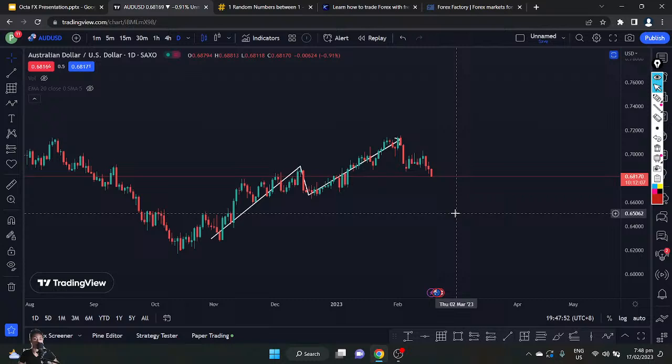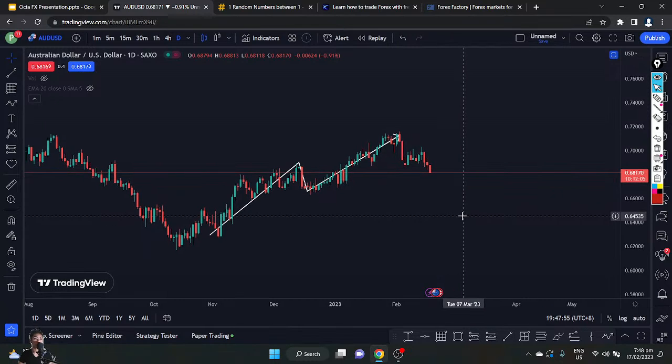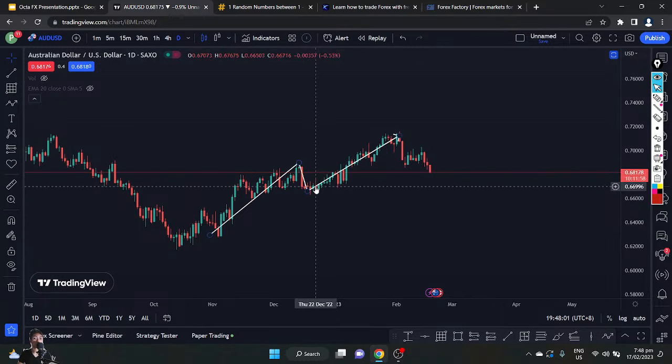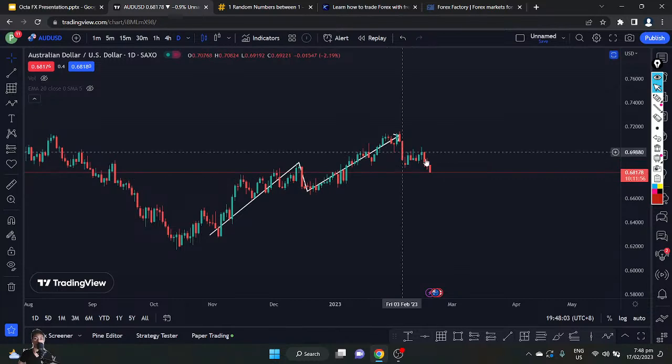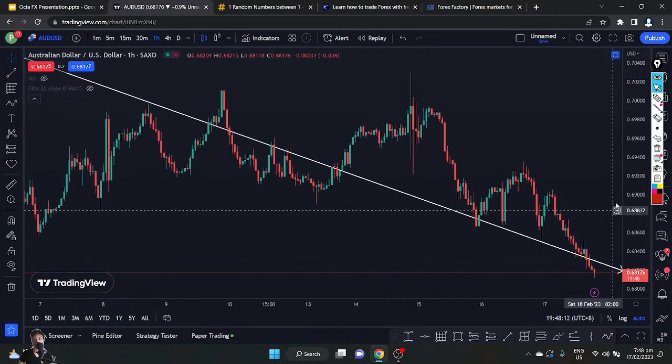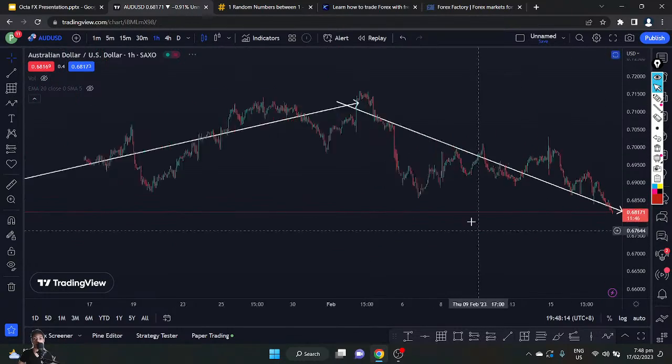So if this is the case, then if you are an aggressive trader, then you may look for your lower time frame for you to be able to capitalize on this move, which is the pullback. So we already talked about this before, because this pullback will give you a good selling opportunity on your lower time frame.